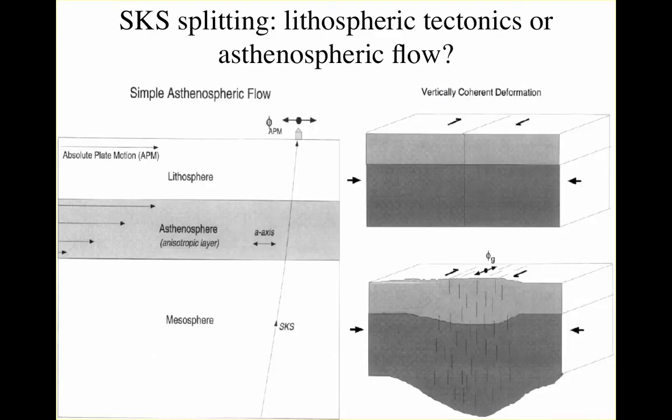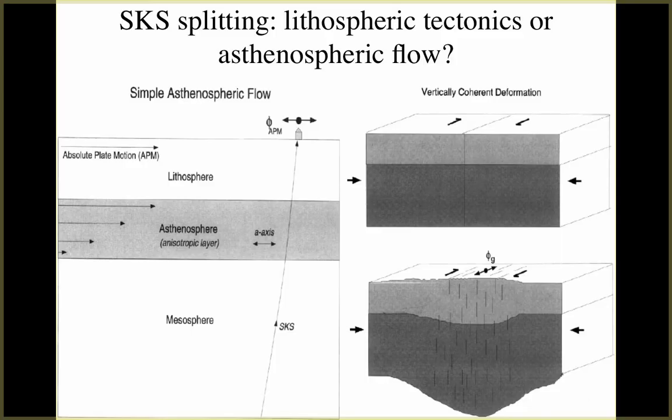And there remains some debate in the community whether these splitting directions represent asthenospheric flow, in which the splitting is taking place in the asthenosphere. Asthenospheric motion is driving plate motion, and so the split directions are proxies for absolute plate motion.